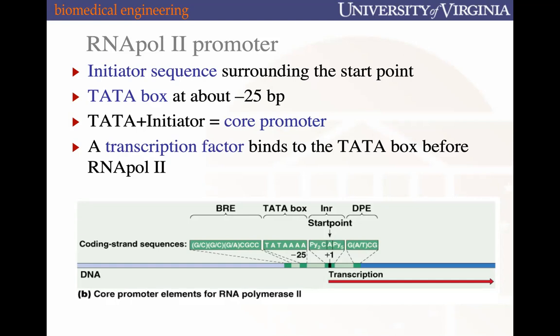Yes, that's correct, and that makes up the initiator sequence. This is the promoter, not which promoter is going to bind to it. So this will recruit RNA polymerase II, with the presence of transcription factors. Are there any other questions there?